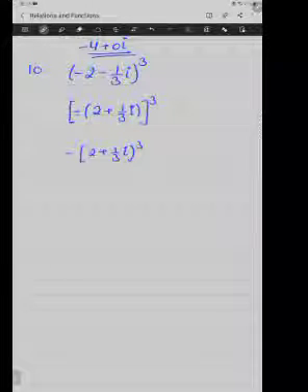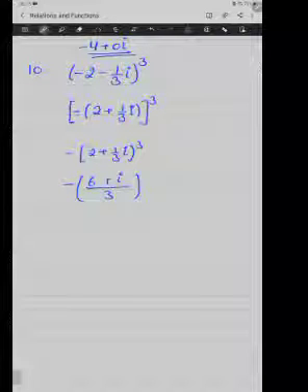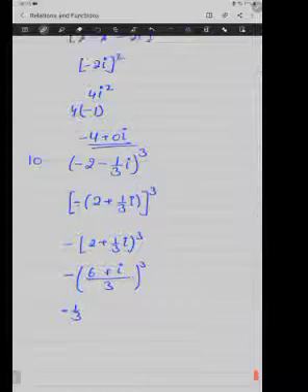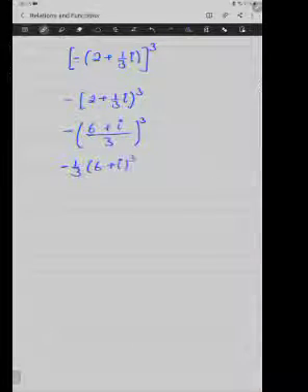We can also do it without taking LCM. I have taken LCM 3i: 6i plus 1 whole cube. Now minus 1 by 3 is outside. It will become 6 plus i to whole cube. Sorry, its cube is also there.